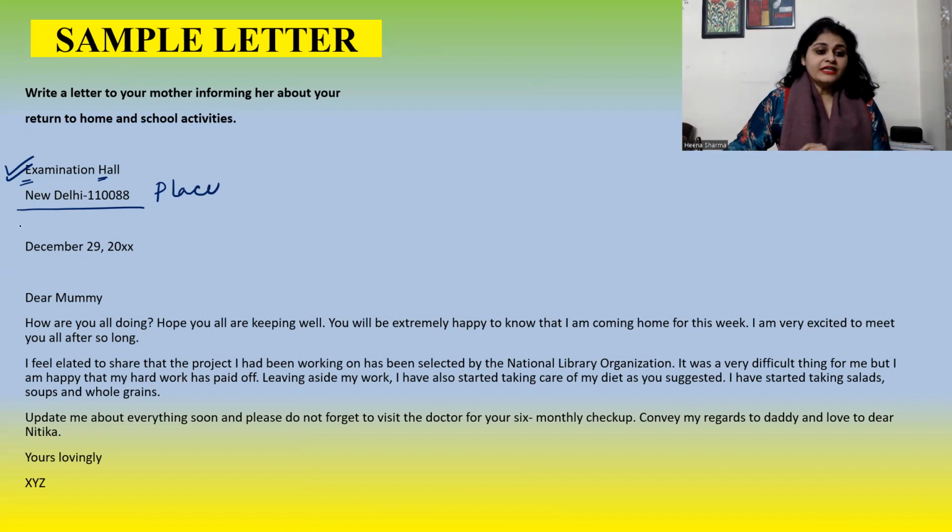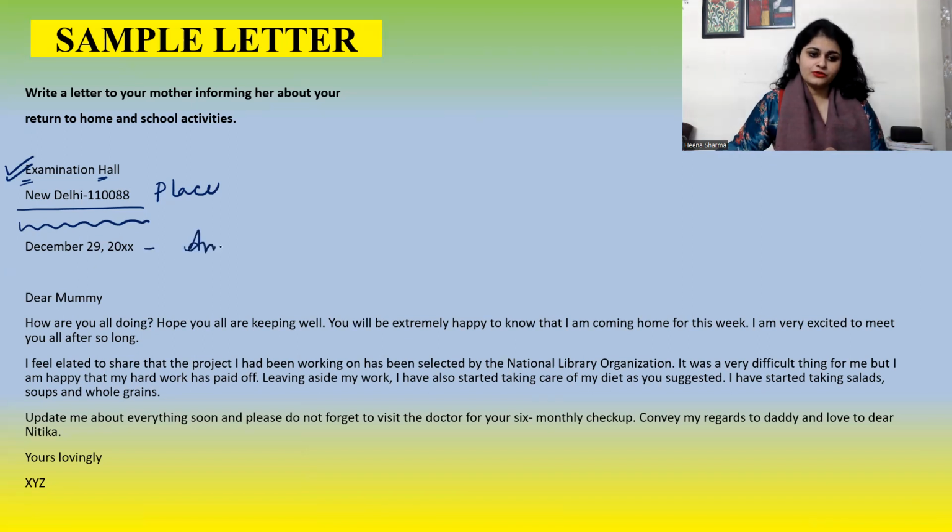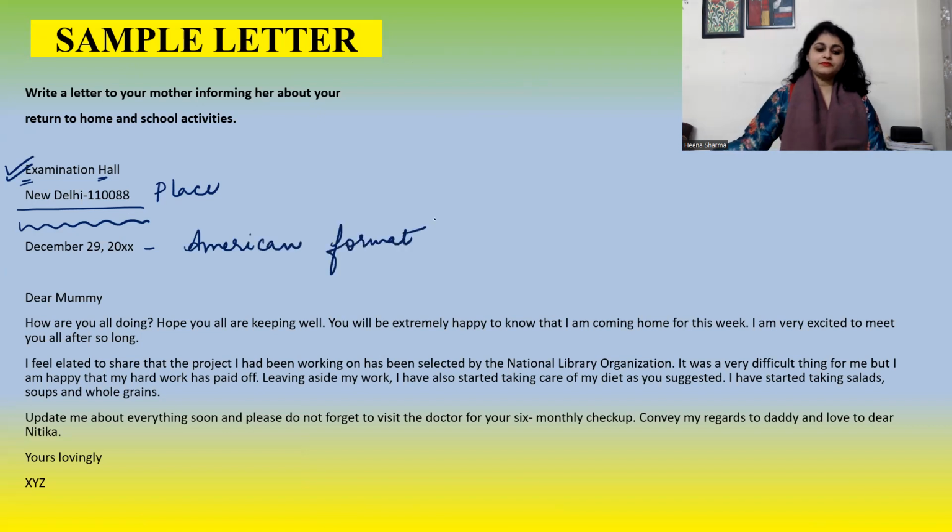Then you will leave one line. These two will be written one after the other. Then you leave one line, and after that, you write the date in American format. So, this is the date written in American format.